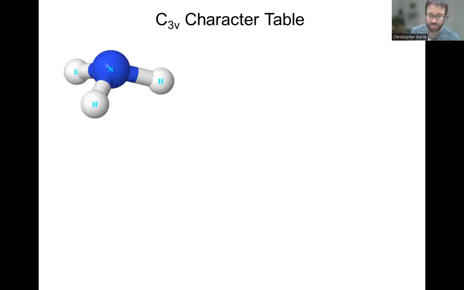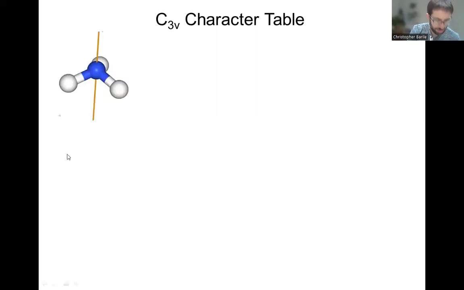This is a C3 molecule, and we have to identify all the symmetry elements in this molecule. There's always, every single point group has the symmetry element of identity, right? So that we say by E, that's just the symmetry element of itself, sort of like multiplying by the number 1.